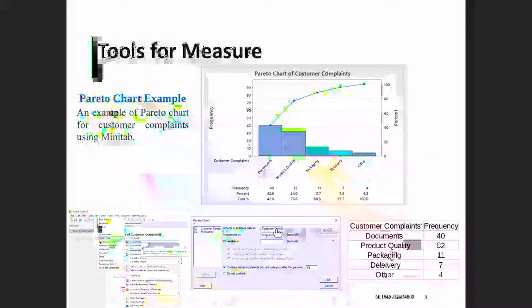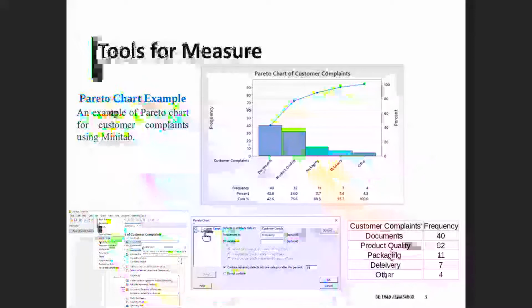So you press here and double click on customer complaints, so it will appear in this field. The same here: when you enter this field, it is empty, and it will show you all the column information in this box.